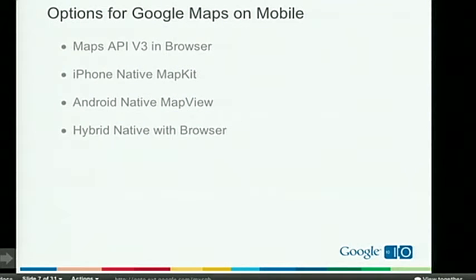And there's also an option to do a hybrid native application which embeds a browser in it. That takes advantage of both the best and worst of both worlds: you write applications for individual platforms, but you embed a browser with it and load the Google Maps API version 3. And finally, there's the Static Maps API, which is essentially an image server.